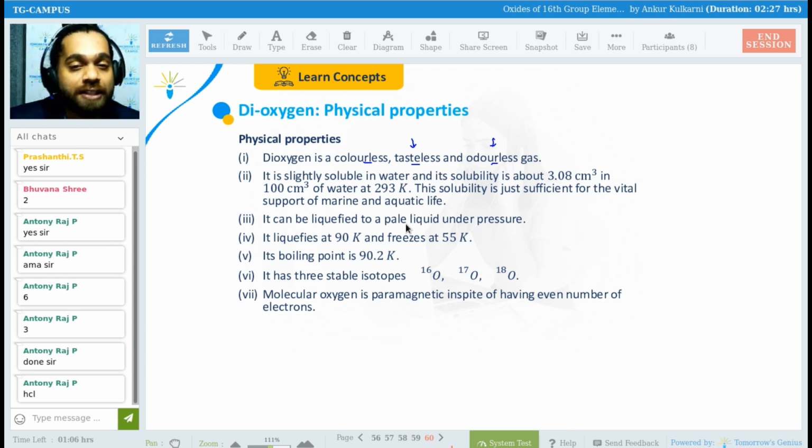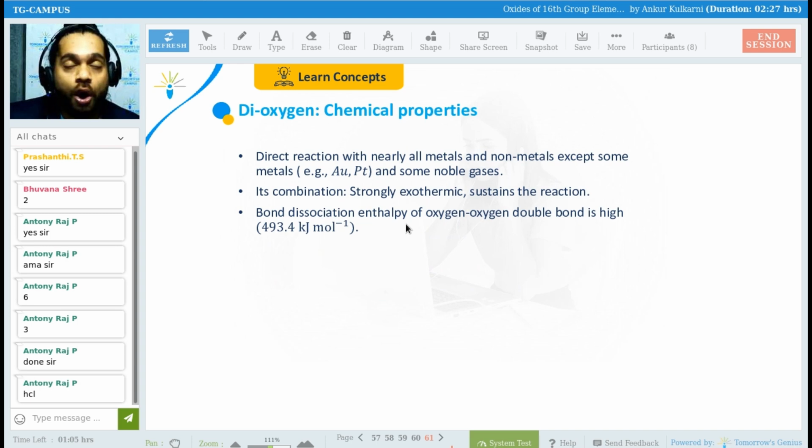Okay, so dioxygen is basically colorless, tasteless, and odorless. Now, oxygen. Tell me, is its solubility in water high or low? Will it be highly soluble or less soluble? What do you think? Come on, my fish people, tell me.